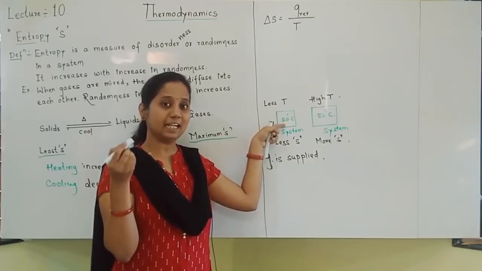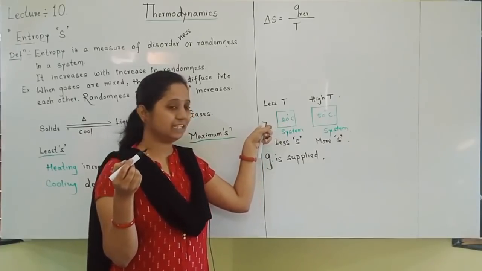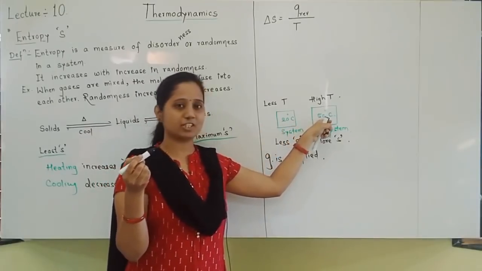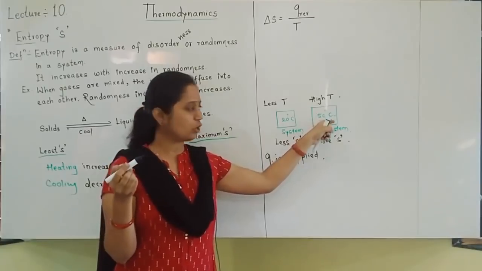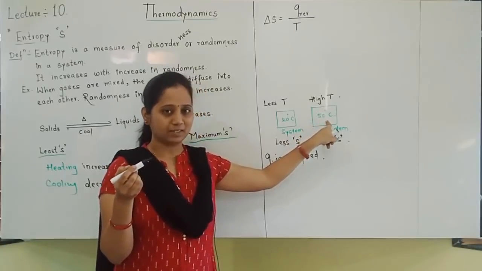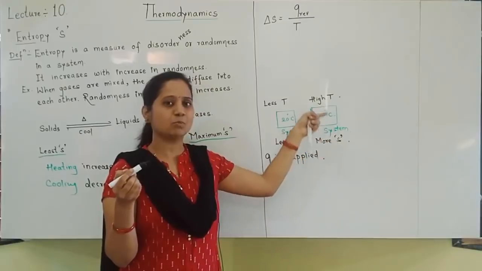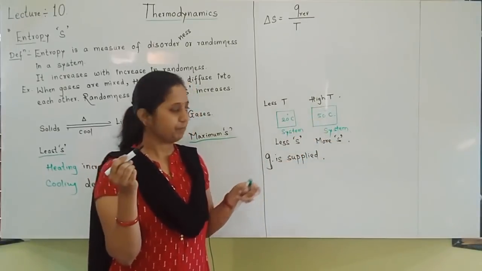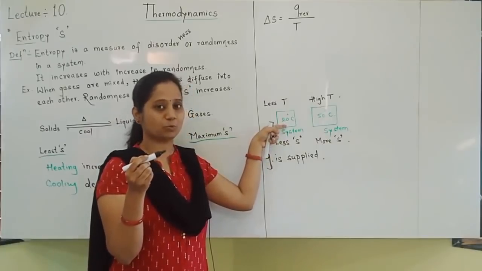So the increase in entropy is seen much more in this system compared to the system having high temperature, because already it has more randomness. After providing much more heat, randomness cannot increase beyond a certain limit. Here it is increased much more.